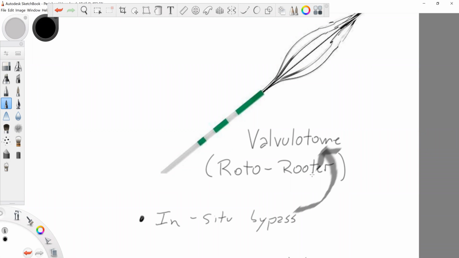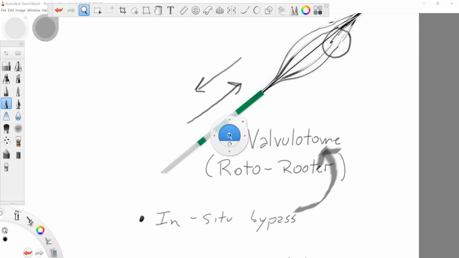This tool is specially designed to go up a major vein, and then as the doctors pull it back down, see these? Those are basically backwards-facing blades. This literally slices the valves off. If you're going to use your vein as an artery, you can't have valves stopping it. It kind of defeats the purpose.